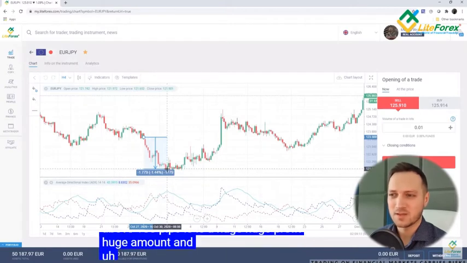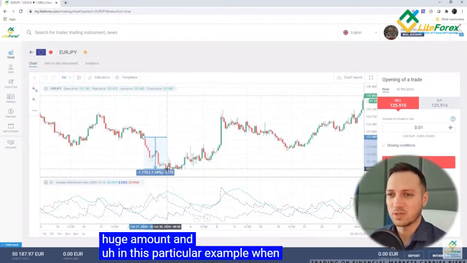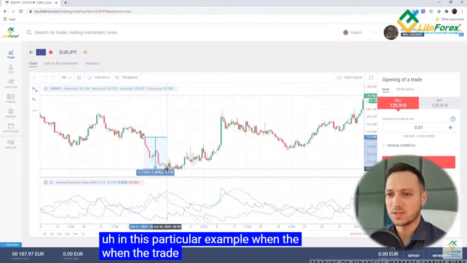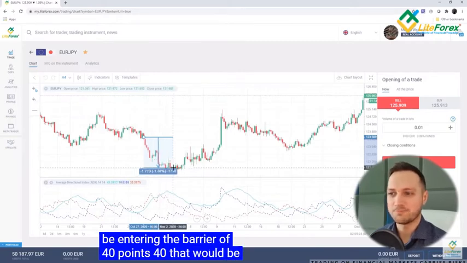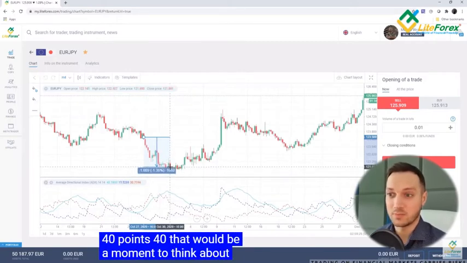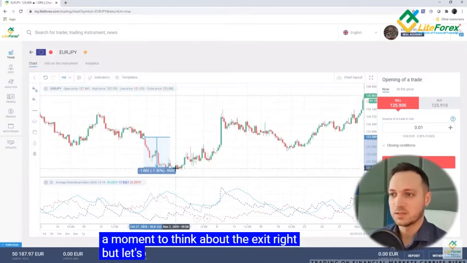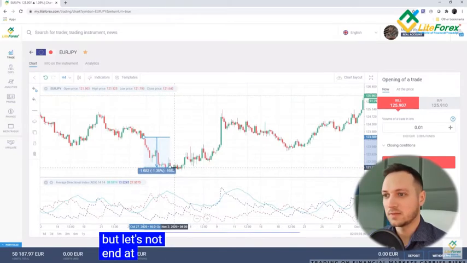And in this particular example, when the ADX line would be entering the barrier of 40 points, that would be a moment to think about the exit, right? But let's not end at this point.